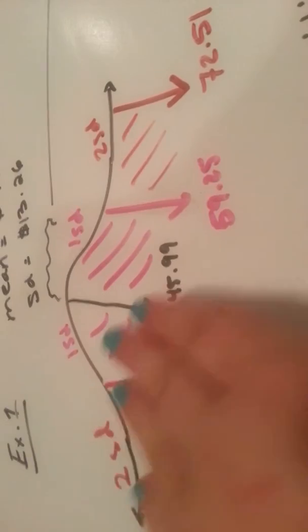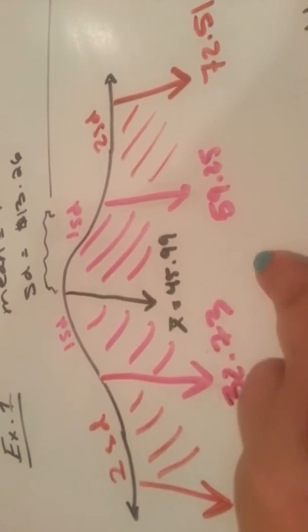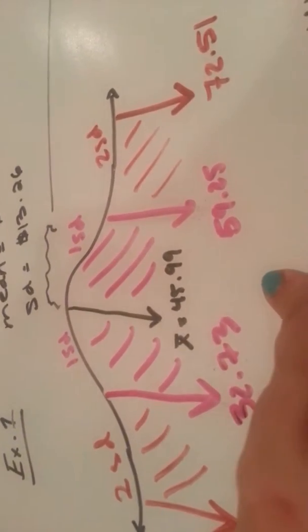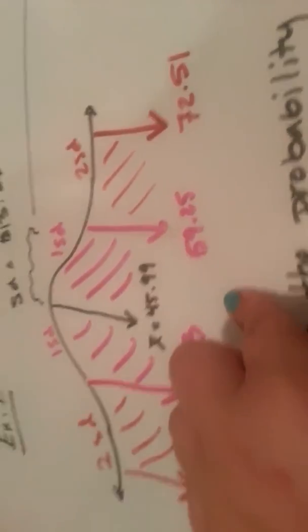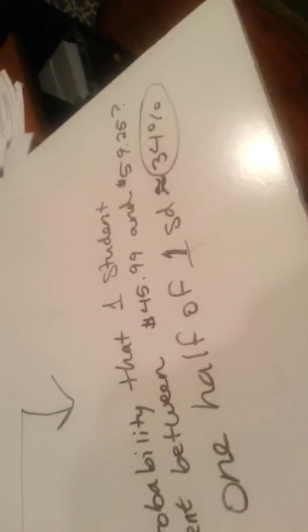This entire thing is 68%, and the mean splits it in half. So you can just assume that 1/2 of 1 standard deviation, so 1/2 of 68%, is 34%. So that's your answer, 34% likely. And that is the normal bell curve.